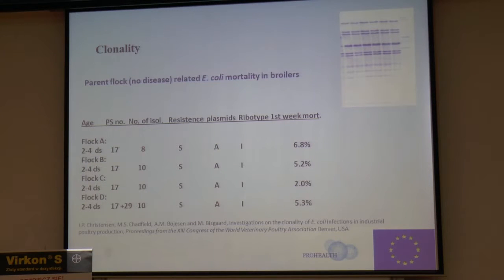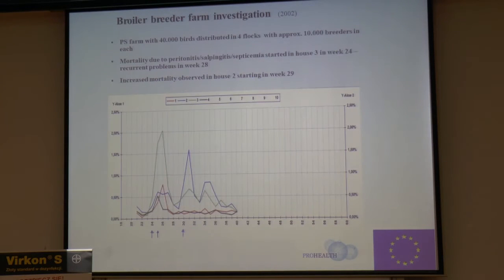So basically what we showed was that from some of these broiler breeders, only one type of E. coli was transmitted to the broilers, and sometimes it caused increased mortality. Why it was only one subtype and not more was difficult, and it's still difficult for us to understand, I might say.